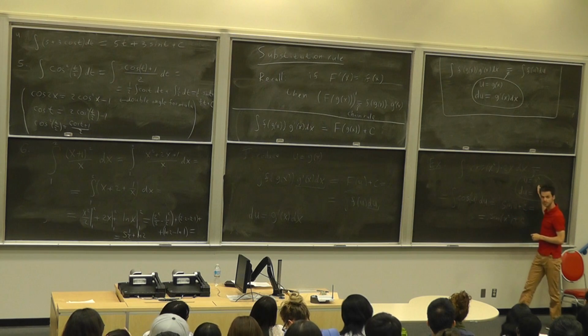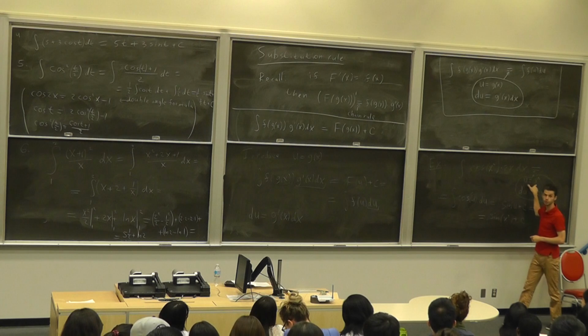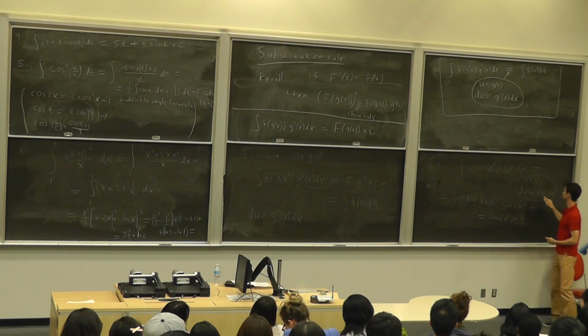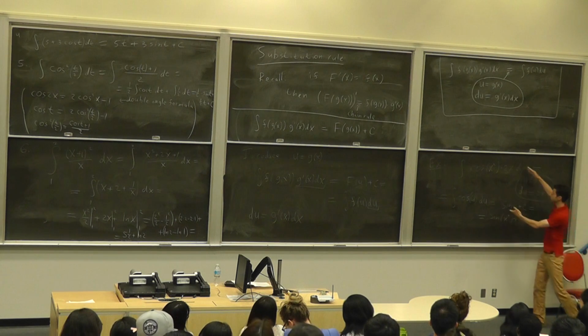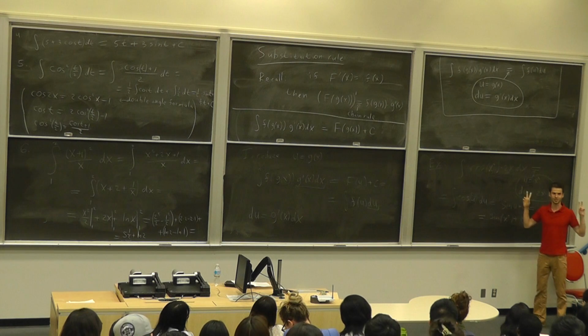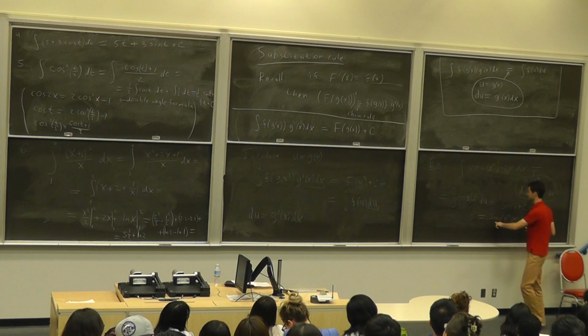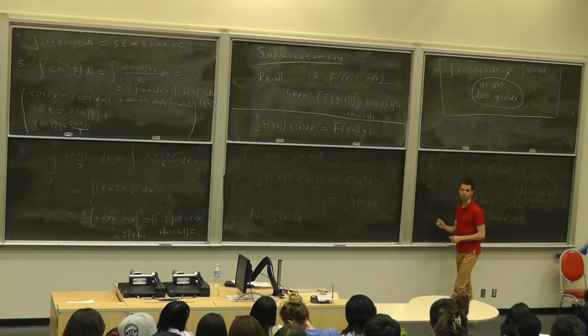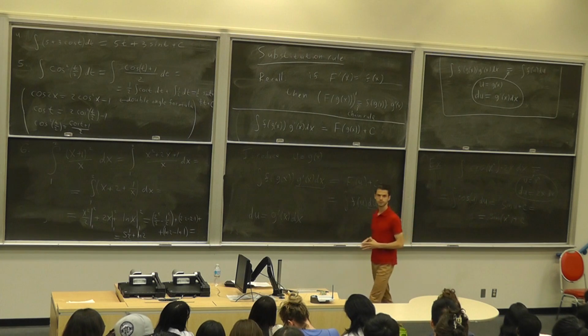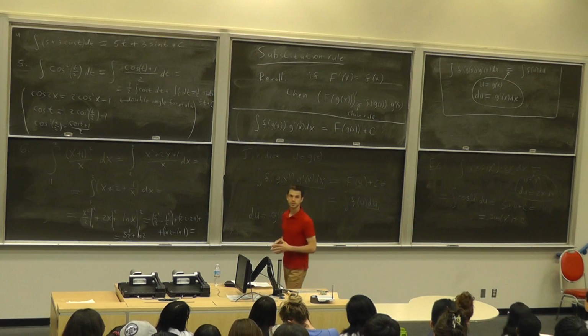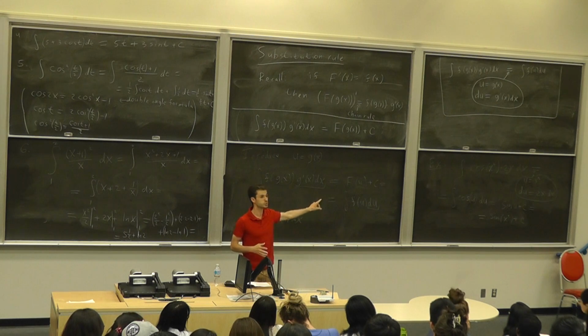I call this argument of cosine the name u. Its derivative happens to be the du, and then the inverse of the chain rule tells you that the integral is just sine of u. So that's how this substitution rule works.